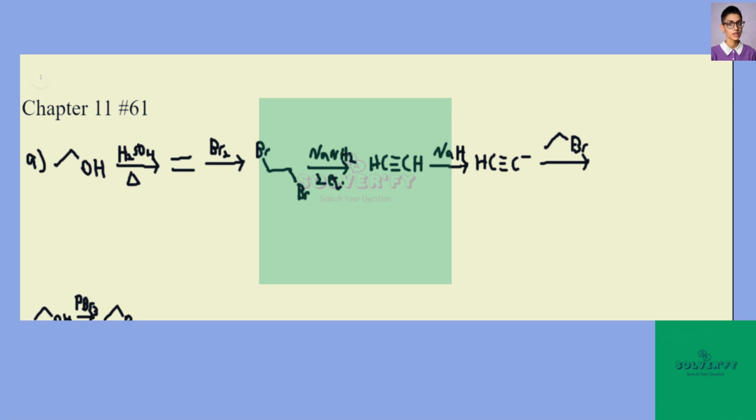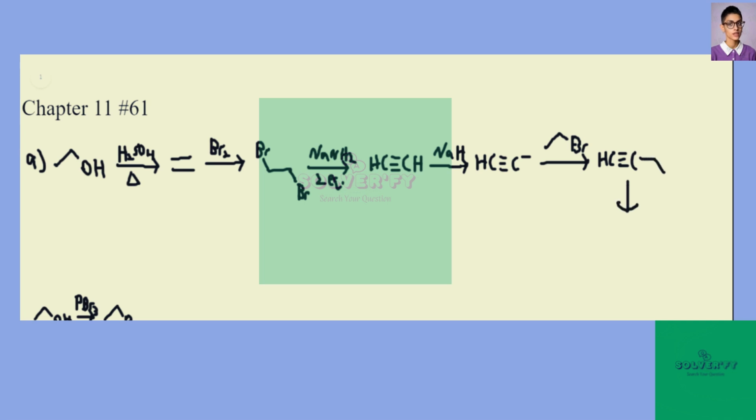So it did say we were only allowed to start from ethanol. So there's a way to make something that we need from ethanol. Okay. So once we do that, we are going to have this. All right.